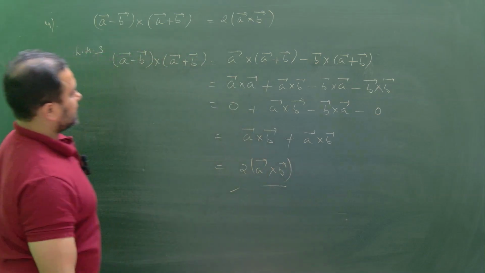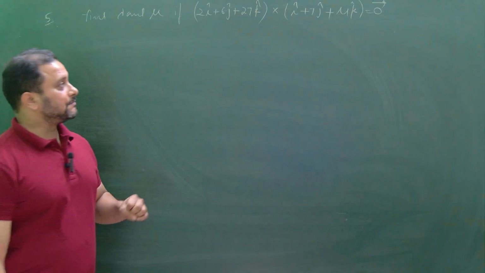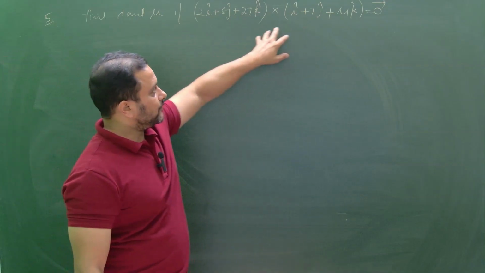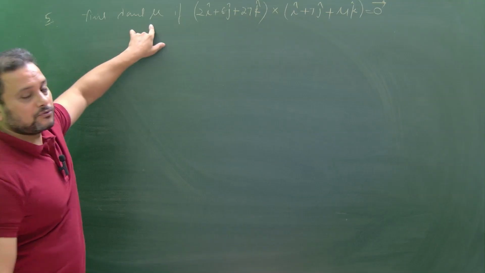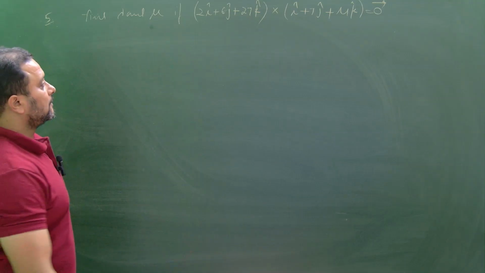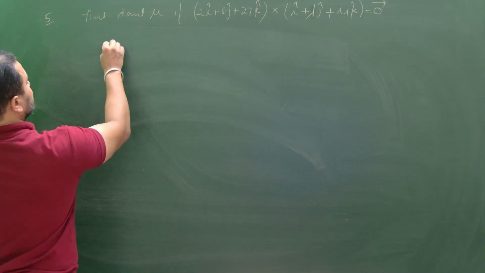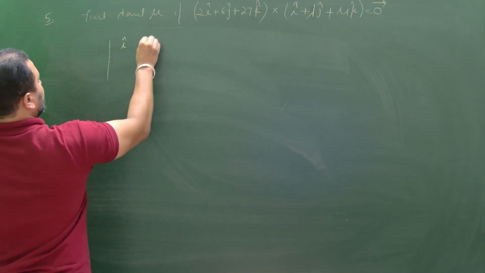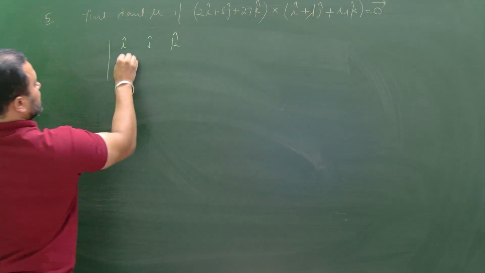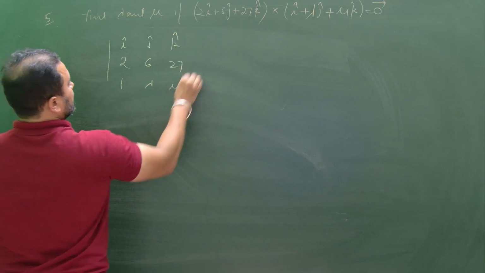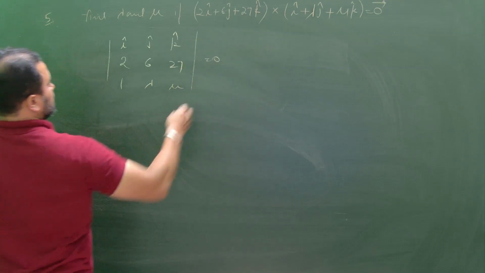This is the right hand side. Number 5: the statement is this, and from the cross product of the two vectors we have to find the values of lambda and mu. So the cross product of this one is i j k, 2 6 27, 1 lambda mu, equals 0.